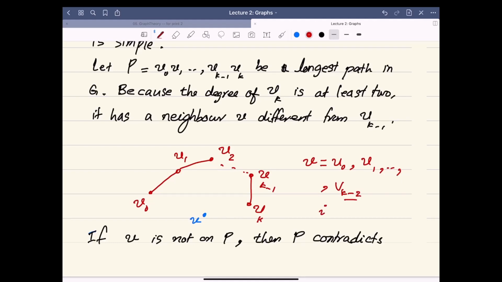So we can say that i is bounded between 0 and k minus 2, and we simply say that V is equal to Vi. And what is the value of Vi? The value of Vi will be in this interval. And this will complete the proof that if we have a graph in which every vertex has degree at least 2, then there must be a cycle in the graph.